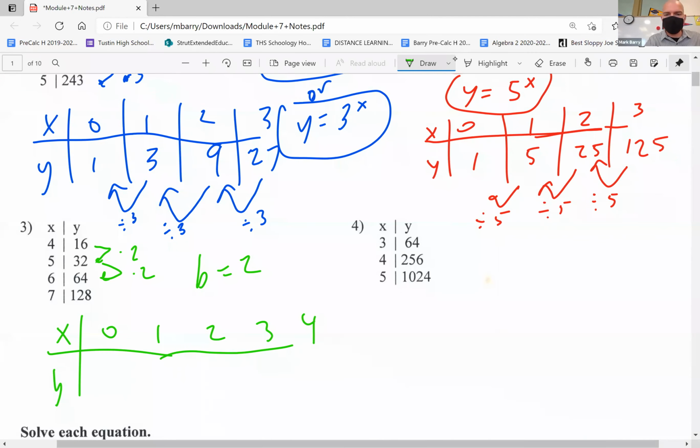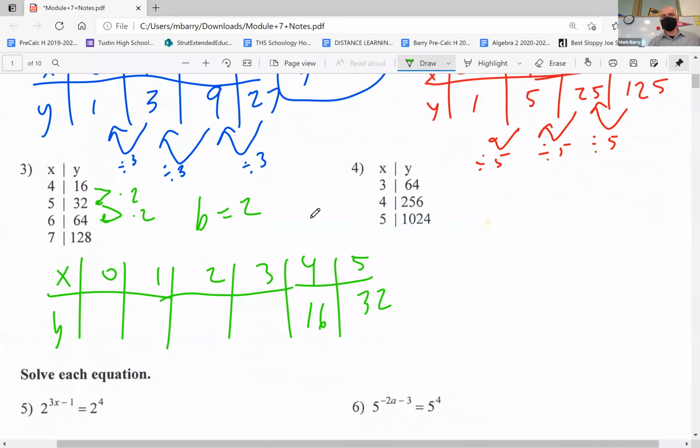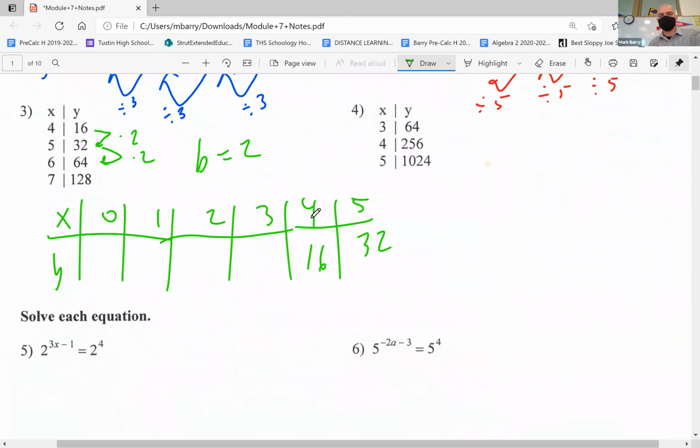This one, we're going to have to go all the way out to 4 and 5 because that's our known values. So we know the y value at 4 is 16 and the y value at 5 is 32. So we'll divide by 2 going backwards.